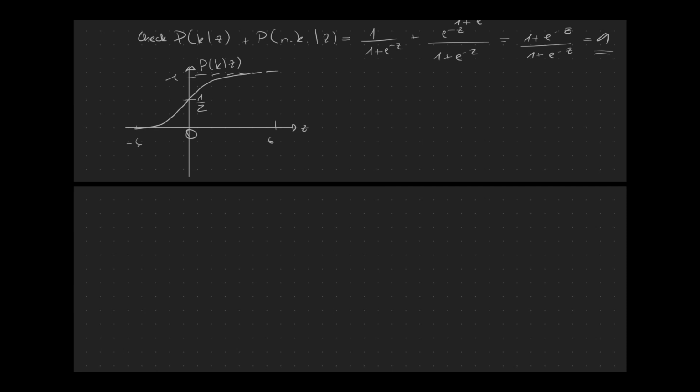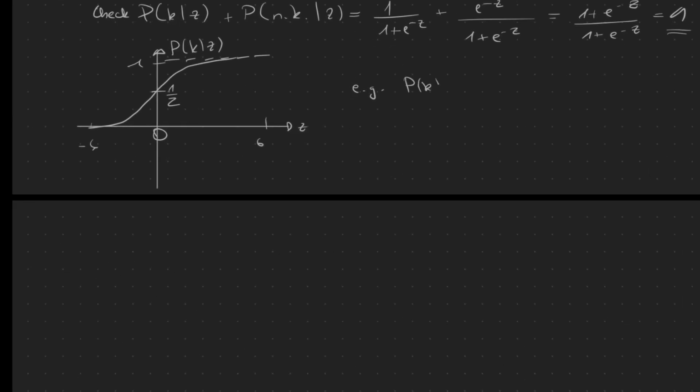And how can we do binary classification now? Well, suppose the probability that z is class k is equal to 0.8, so 80%. We need some kind of criterion to say that z is k or not.